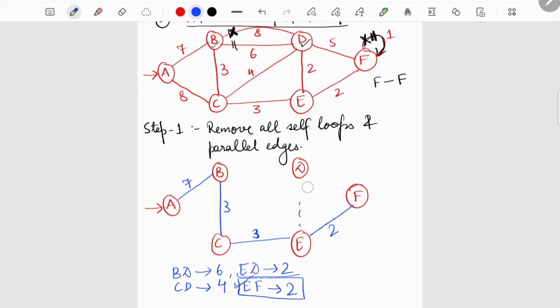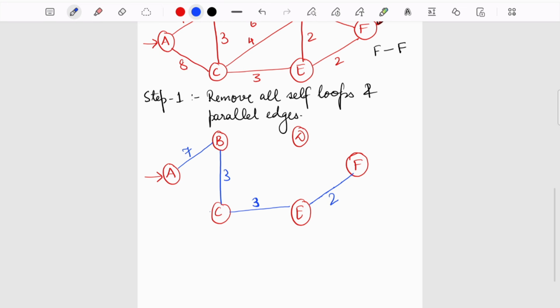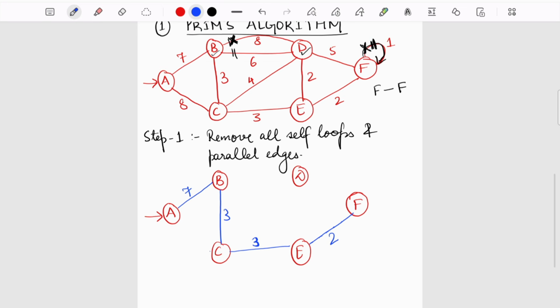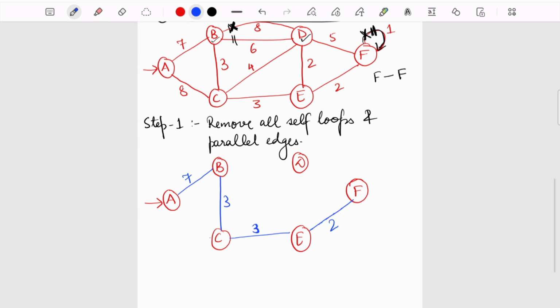Now we haven't reached D, and D is disconnected from the graph. So I have to reach D. I cannot leave it like this and call this a minimum spanning tree. This is not at all a spanning tree, so no question of calling this a minimum spanning tree. To ensure that all the vertices are connected, we have to reach D. So how can we reach it? What are the possibilities?